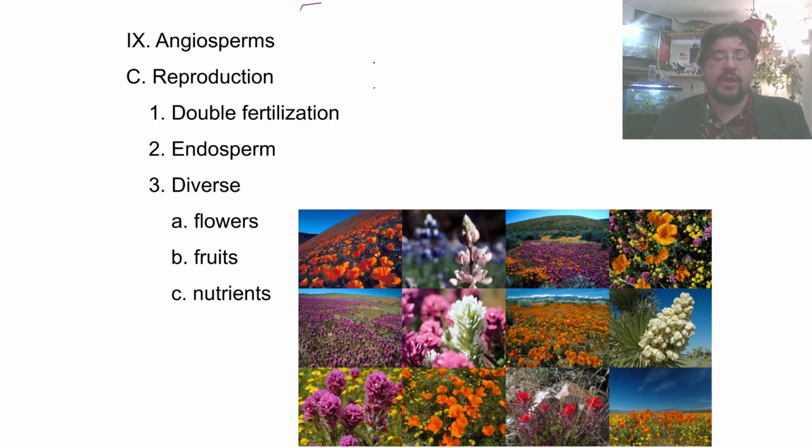Reproduction, which means we're about to do one of them big old life cycles. So let's talk about the things we need to add to this life cycle. One is double fertilization. So, how does this work? We'll go easy first.